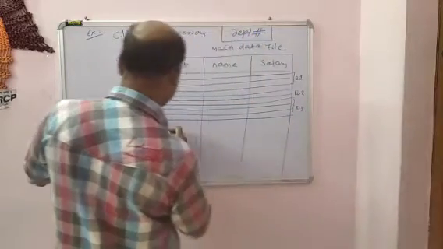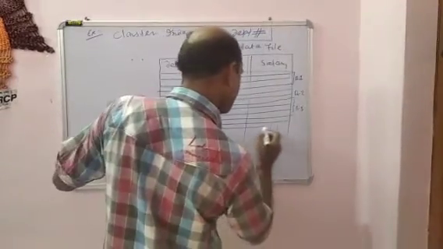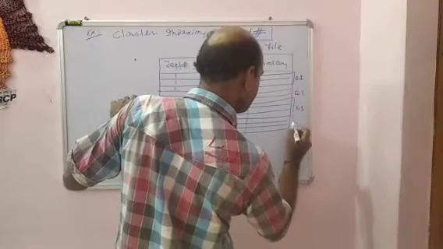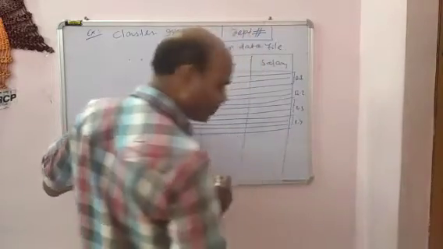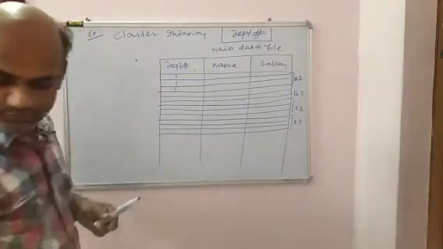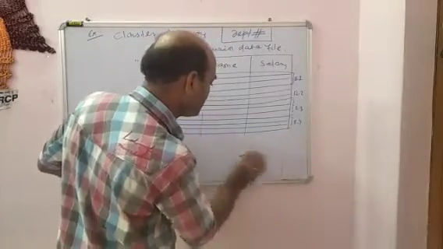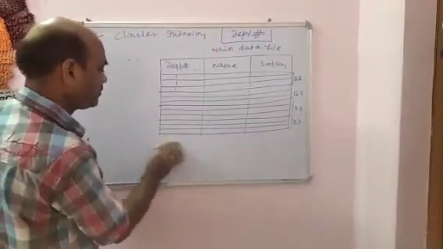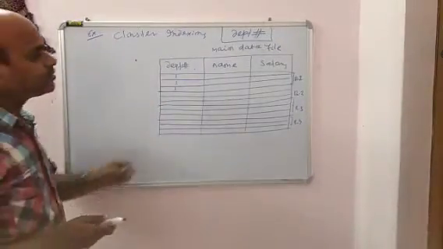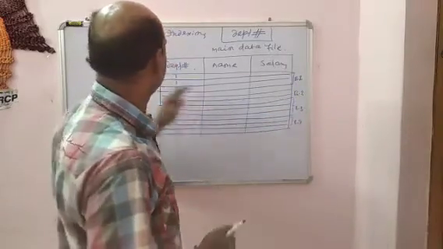This is block 3, suppose. Block 4 and so on. In this way, there are so many blocks in the data file: block 1, block 2, block 3, block 4.